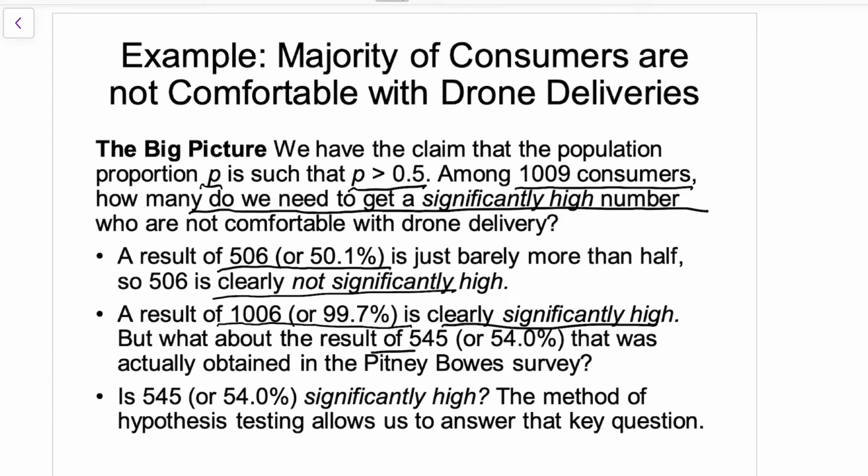But what about the sample we got of 54% or 545 adults asking the survey? Is that significantly high? That is our main question. Did we get a value that is significantly high, or do we have a value that falls within a regular accepted range? That is what hypothesis testing will allow us to determine.